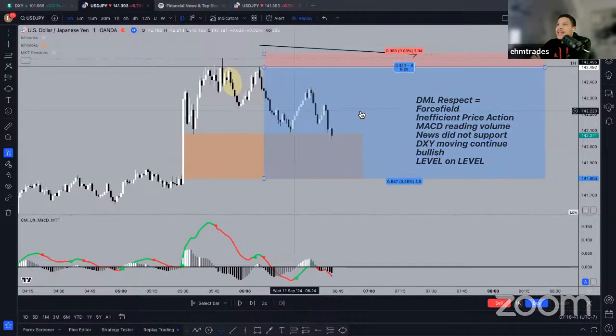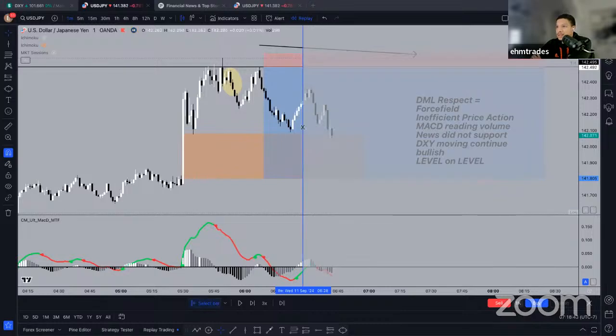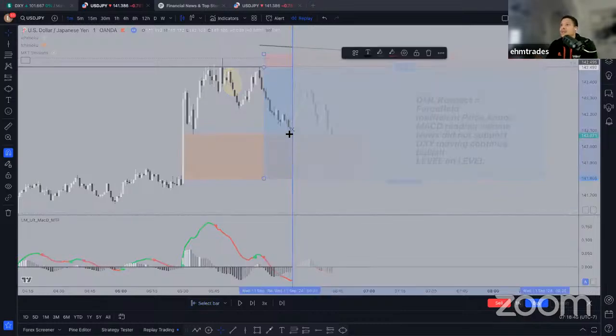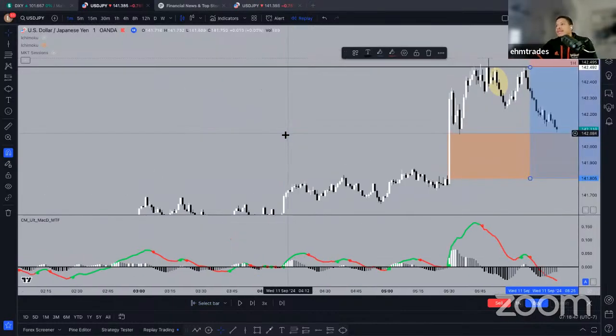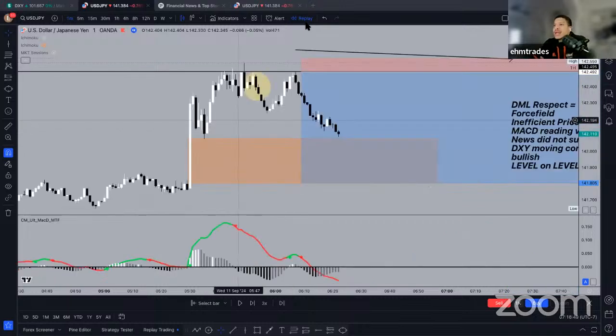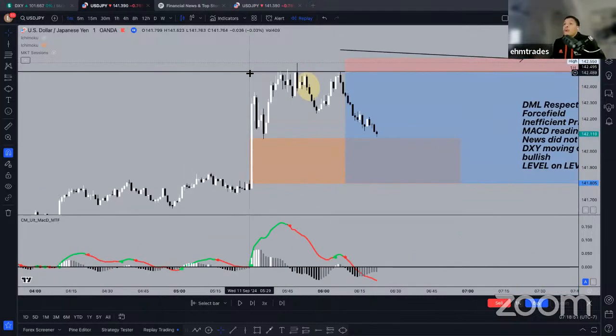And we can just see how price continuously balances itself out. Now it doesn't do a complete 100% correction every single time.